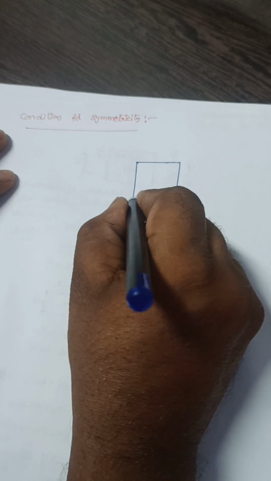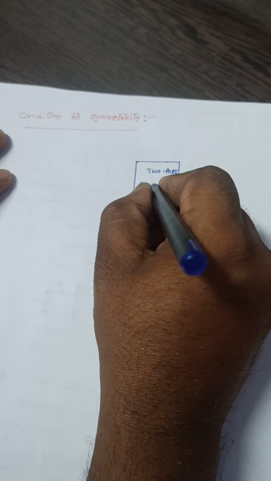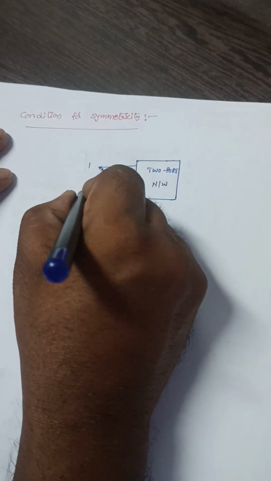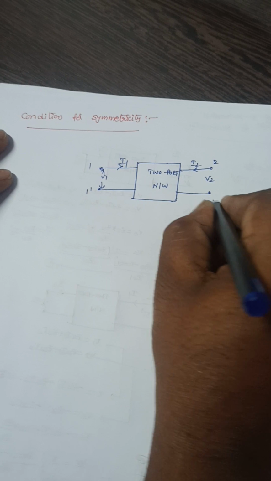The network is said to be symmetrical. Let me consider a two-port network here. So this is V1, with input port 1 1 dash, I1. It is V2, it is I2, 2 2 dash.